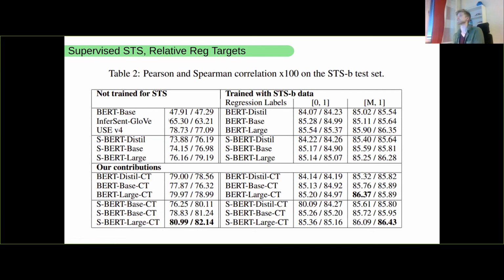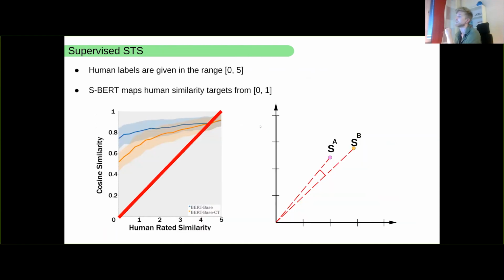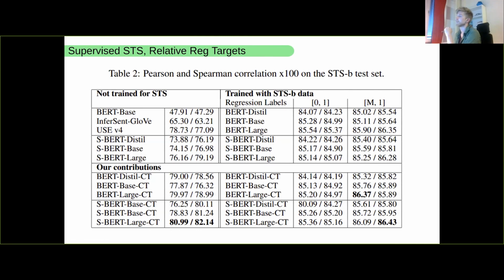Here to the left, we see that before we do any training on the specific STS data, applying CT to an S-BERT model gives the best score. However, if you take only S-BERT or BERT and start doing the actual regression task I mentioned here, then we find that it improves to the point where it outperforms all of the uncorrelated or unsupervised methods, right?